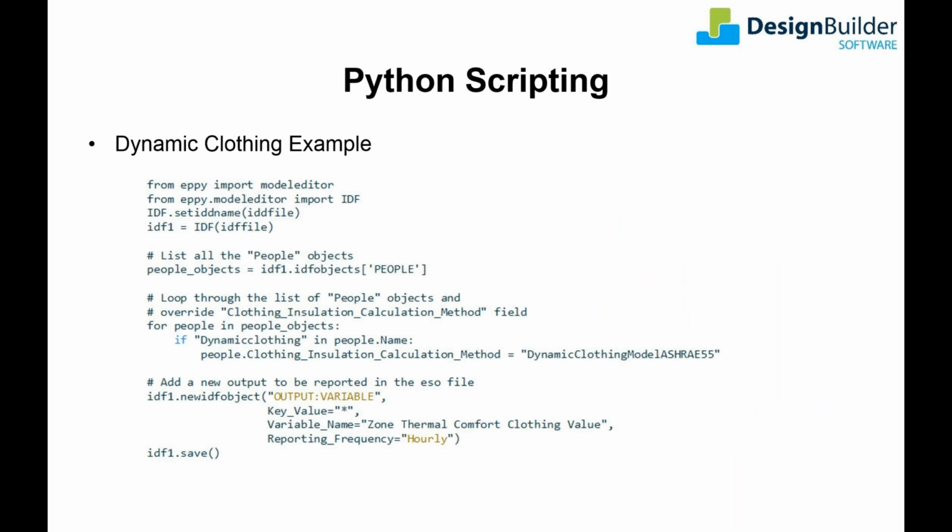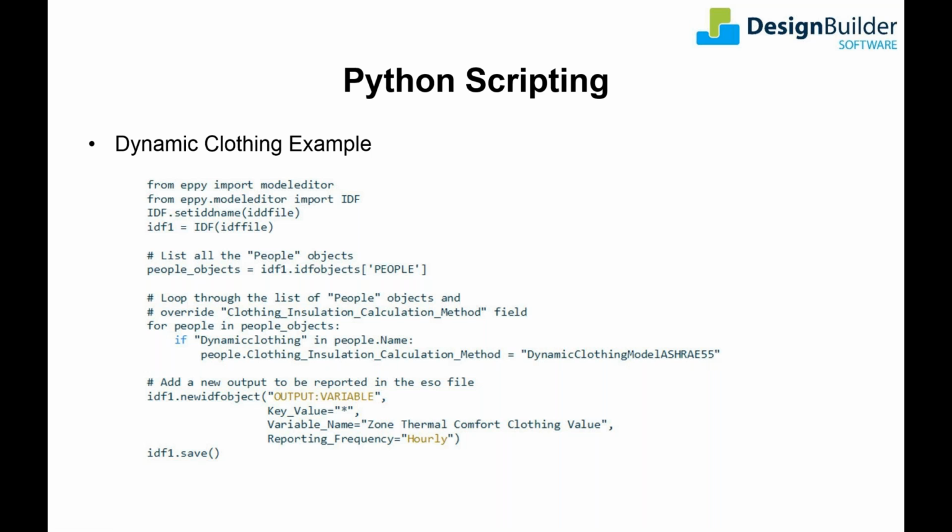This slide shows a simple as it gets example Python script that modifies the EnergyPlus IDF input file using the EPI scripting tool. The script modifies the IDF people object for all zones with dynamic clothing in the name to apply the ASHRAE 55 rule so that occupants dress according to conditions for a more realistic assessment of comfort.